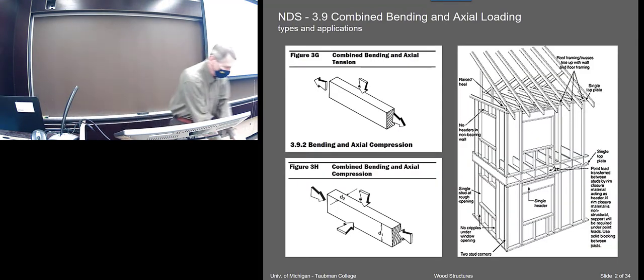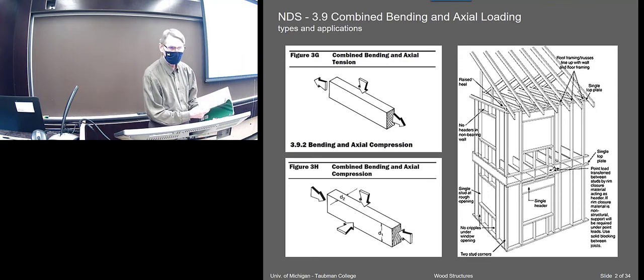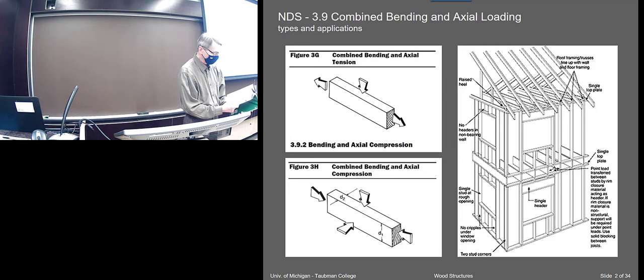There's a whole little section in the NDS that we kind of skipped over earlier. Is it chapter 3? Chapter 3, probably a little past that. Ah, here we go, on page 22.